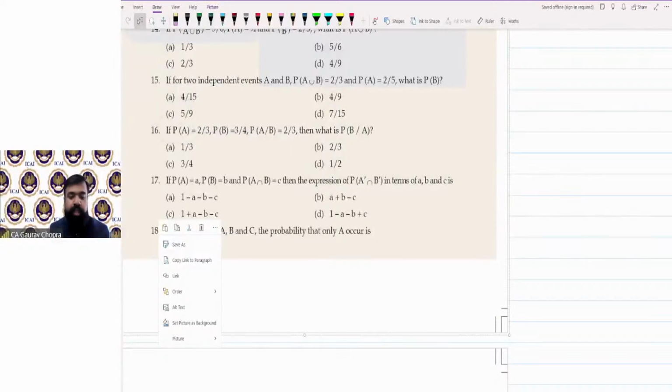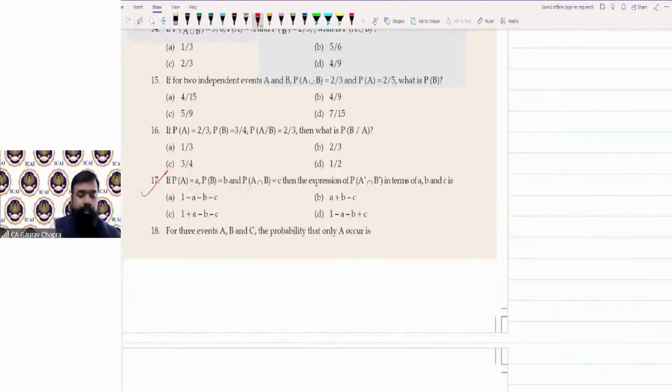Then let's try the 17th one. PA is given, PB is given, and A intersection B is given, and you have to find A dash intersection B dash. So we will do 1 minus probability of A union B. What is the formula for A union B?